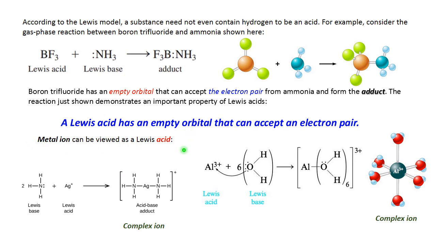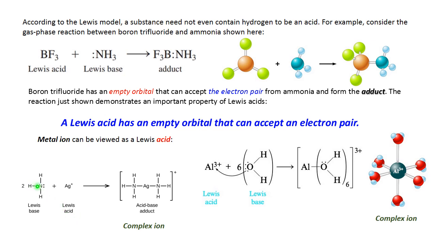Now, what else can be viewed as a Lewis acid? Metal ions. For example, aluminum ion can interact with lone pairs from water, making a chemical bond. There are 6 water molecules around the aluminum ion, and they make a complex ion, which is very stable.